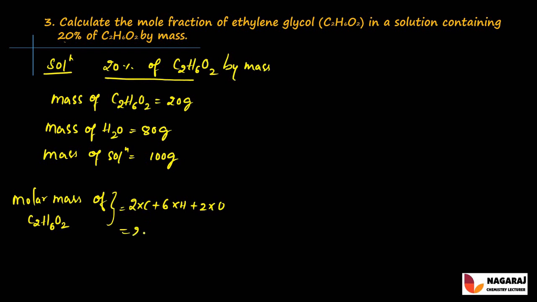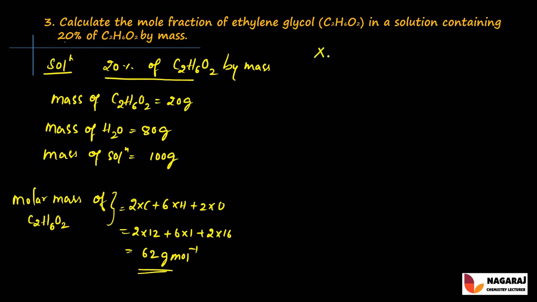That is 2 into 12 plus 6 into 1 plus 2 into 16. So finally it gives the value 62 grams per mole, right?